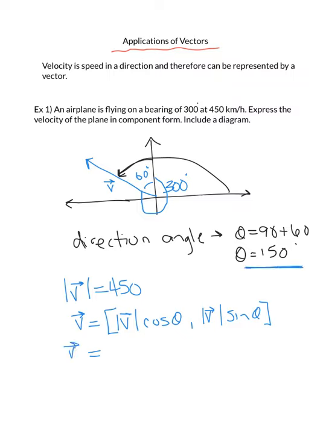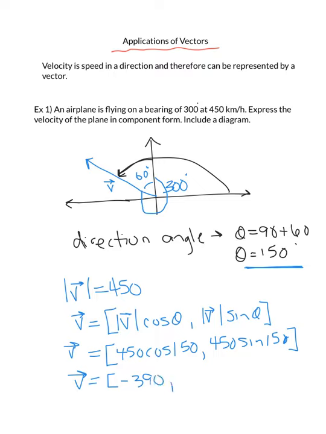So really, v is equal to 450 cos 150, and then 450 sine 150. If I plug that into my calculator, 450 cos 150 is negative 390, and then 450 sine 150 is 225.